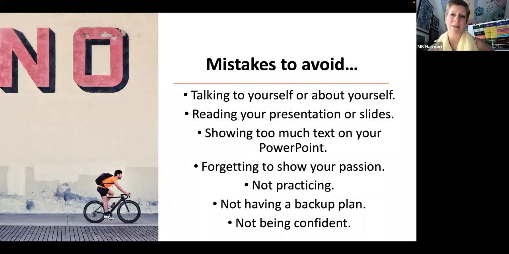So think about how you can get over your anxiousness and try to get there and just give it your best shot. I would say for me, every time I gave a presentation, I got a little bit better. And I got a lot of positive feedback, so that helped me get better, right? So take that, use that, and let that help you to show your passion, to show what your topic is, and to be really enthusiastic about what you have to share.